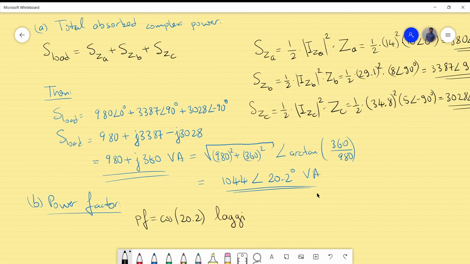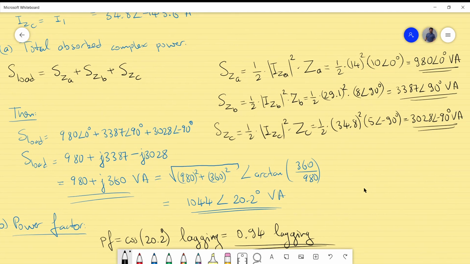So I have to make this clear, otherwise it is not correctly defined. So I have the cosine of 20.2 degrees lagging, and if you calculate this out, it will be 0.94 lagging. We have now the total apparent power of the loads and the power factor of the loads, and that's actually for this example in total.